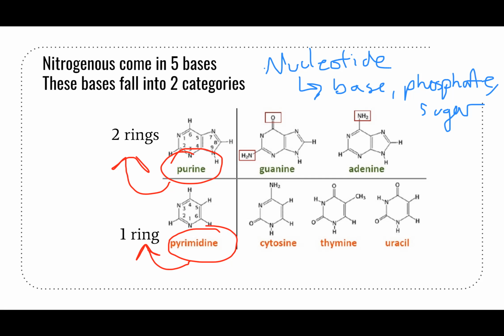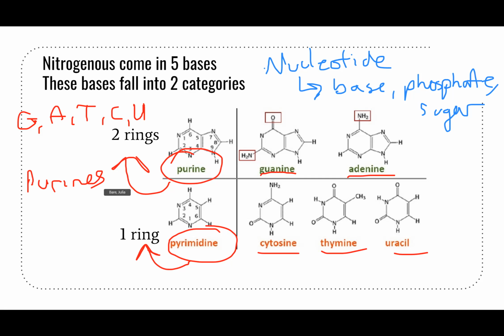When we're looking at G, A, T, C, and U, these are our nucleotide bases that make up DNA and RNA. Guanine and adenine are going to be purines. Cytosine, thymine, and uracil are going to be pyrimidines. Purines bond with pyrimidines.